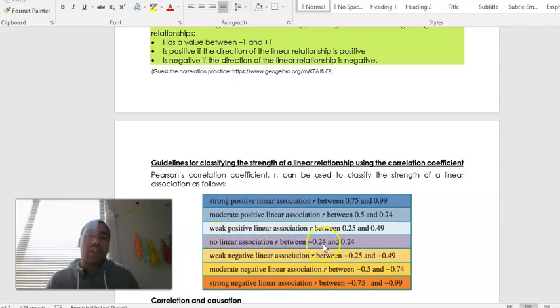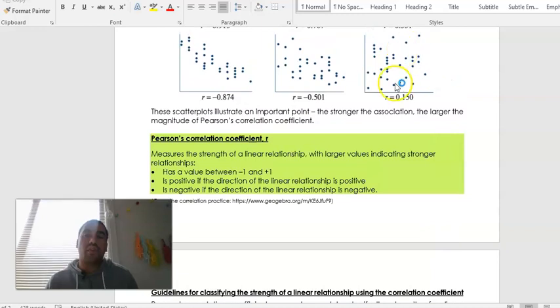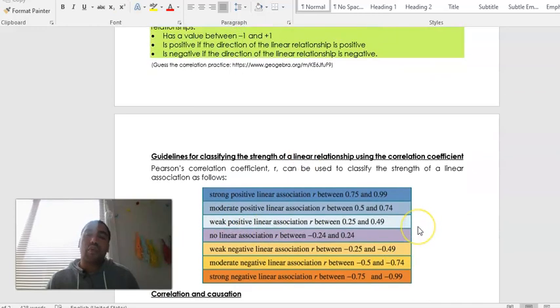Anything between -0.24 and +0.24, like this scatter plot here, you would say there's no linear association. And then the inverse happens when it is negative: weak negative, moderate negative, and strong negative linear association.